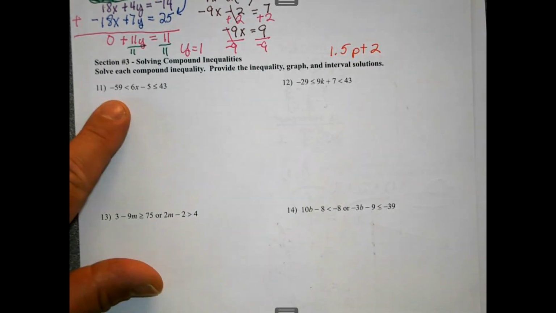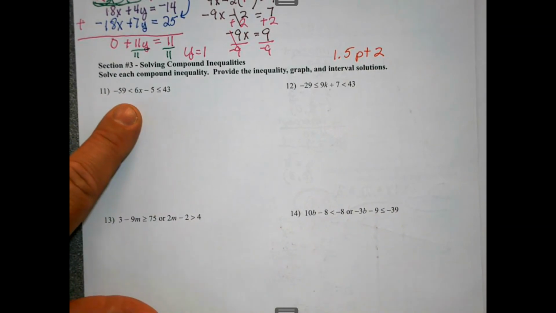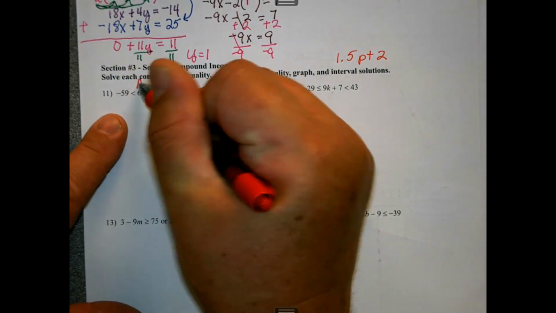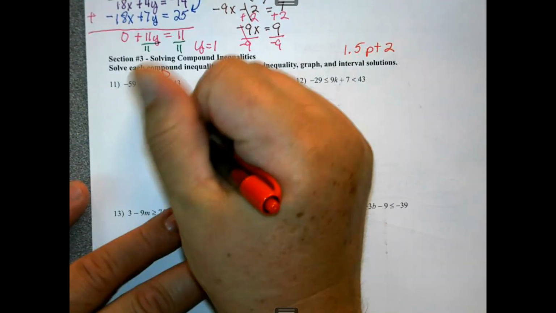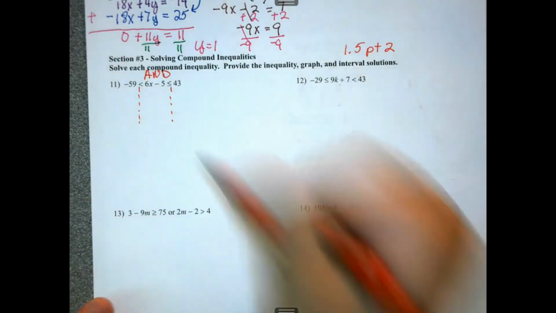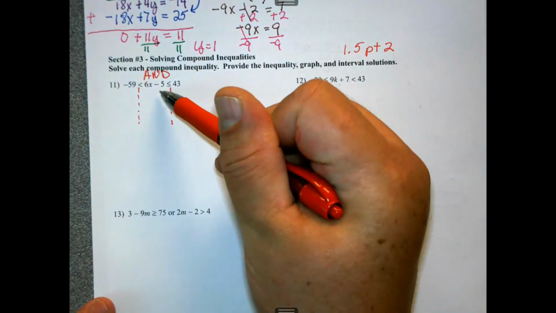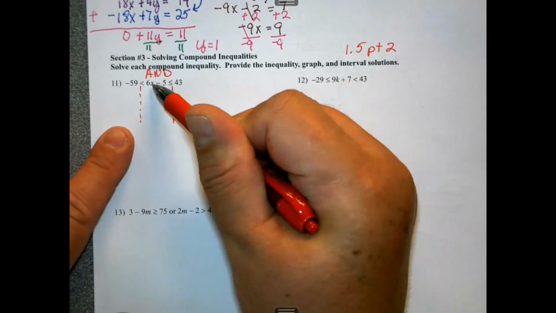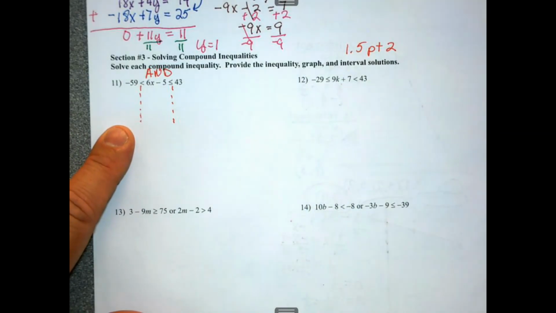This is squished. Plus, it's a less than sign, so that means this is an and problem. And again, when it's squished like this, always start from the middle column and then go out. So I want to get the x by itself.